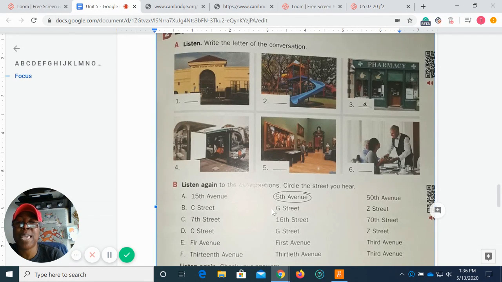In exercise B, they want you to listen for the street name, and then you're going to circle the street name that you hear. So let's go with listening first to the conversation.